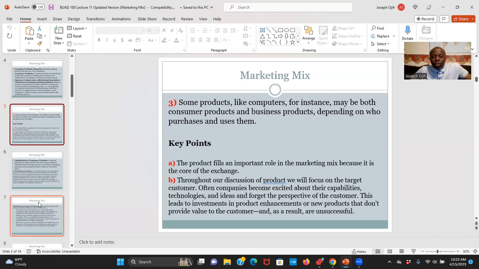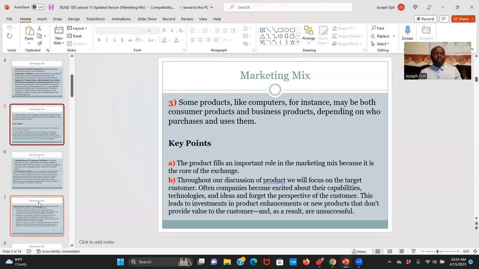Companies become excited about their capabilities, technologies, and ideas, and then sometimes they forget the perspective of the customer. I mean, how the customers see their products.